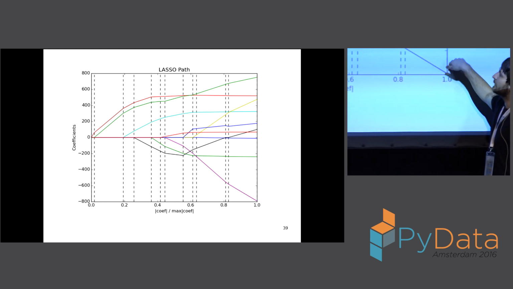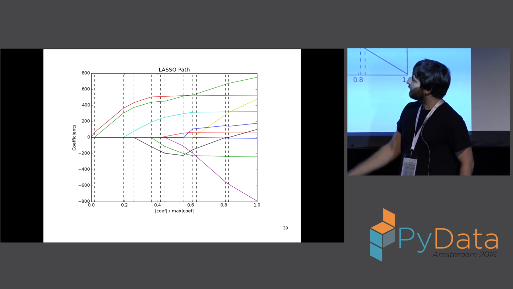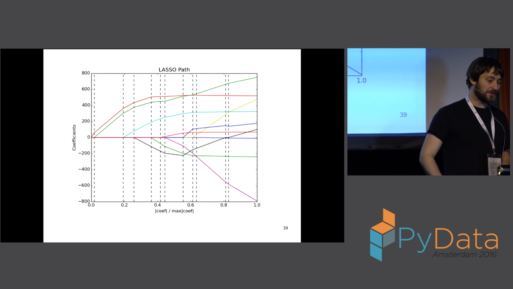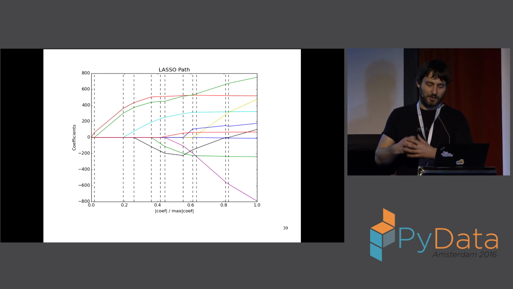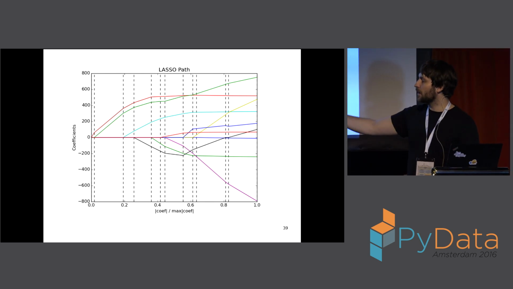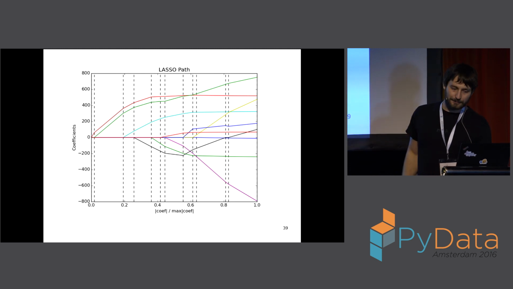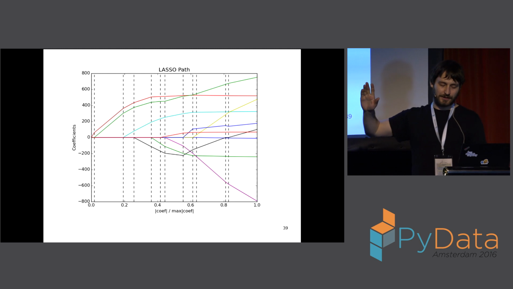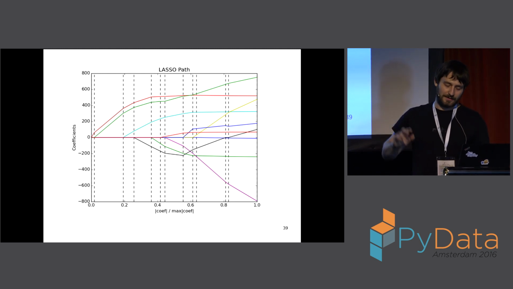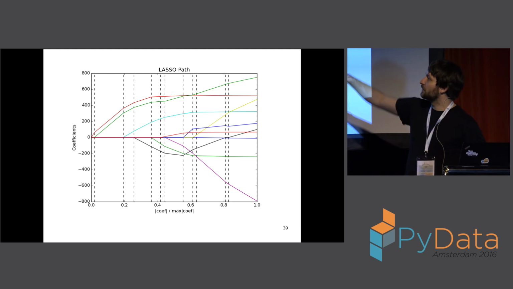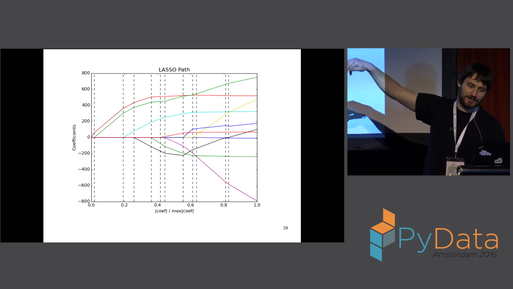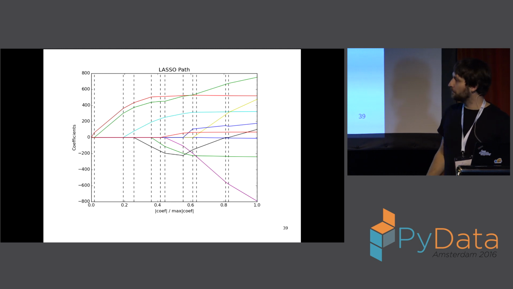It's scaled a bit differently, but the y-axis is just the magnitude of a coefficient, and each color encodes a coefficient. If you have a lot of regularization, it's on the very left, and all your coefficients are 0. If you start decreasing the regularization, the red coefficient becomes non-zero. Then if you keep decreasing regularization, the green coefficient becomes non-zero, and so on.